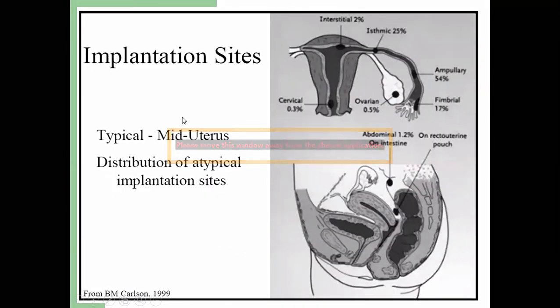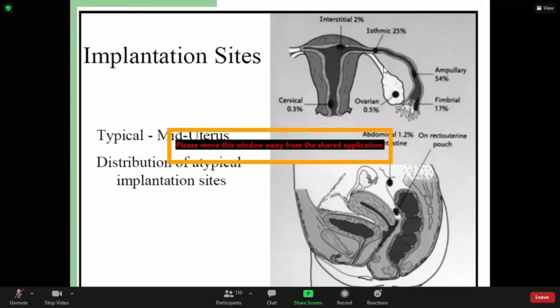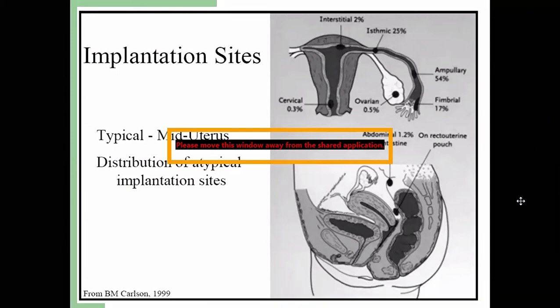Okay, now in this slide, you can see the different implantation sites. Typically, the implantation should be at the mid-uterus. If it is not implanted inside the uterus or intrauterine, then it must be ectopic.